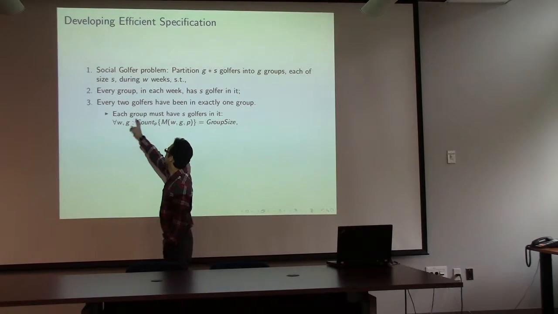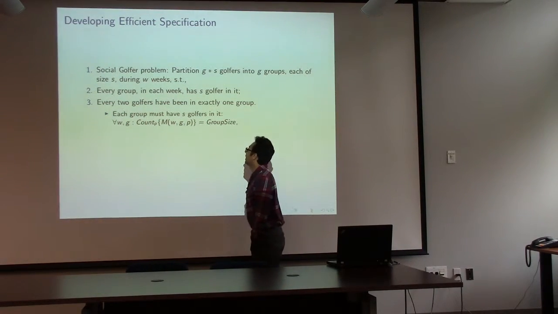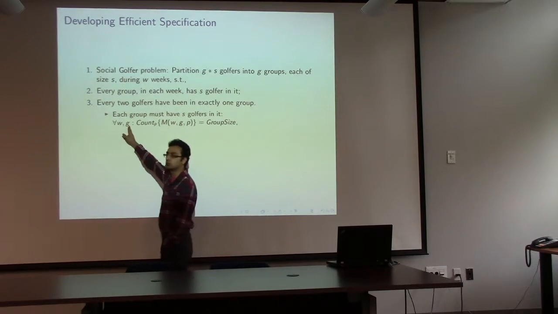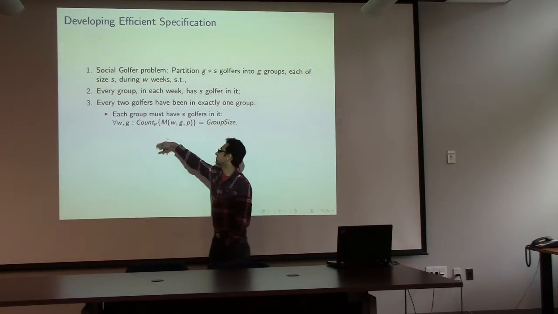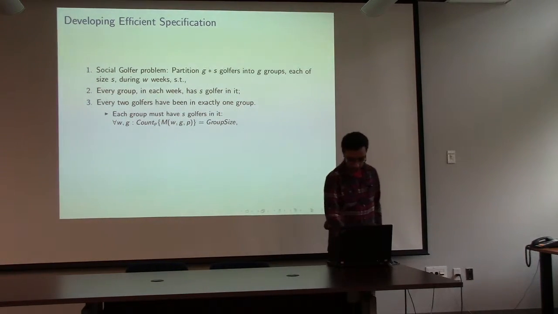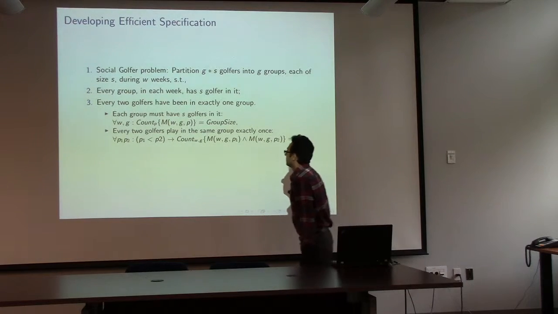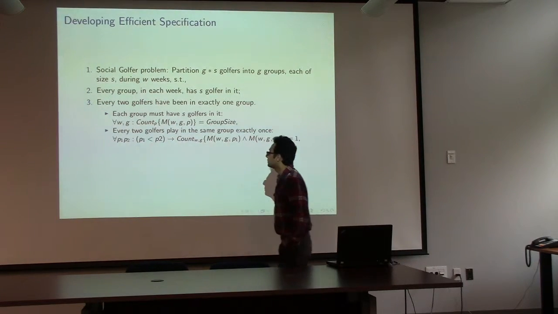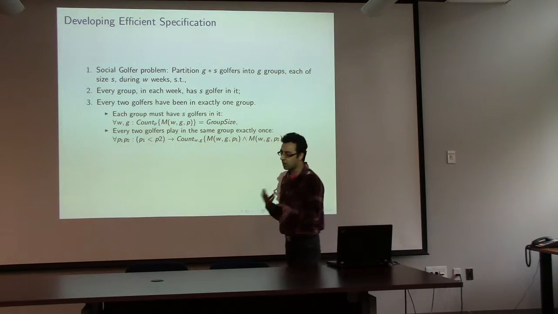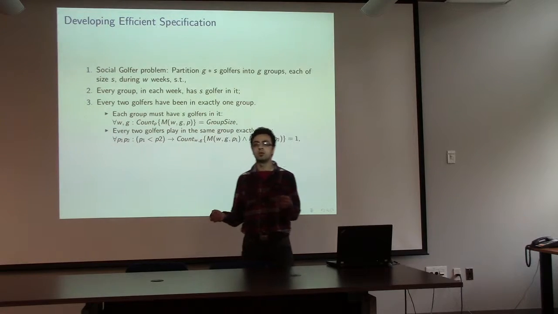We want to say that each group must have S golfers in it. So I'm saying that for each week and group, the number of golfers in that group should be exactly equal to the group size, S. And we want to say that for every two golfers, there should be exactly one group they have been in.